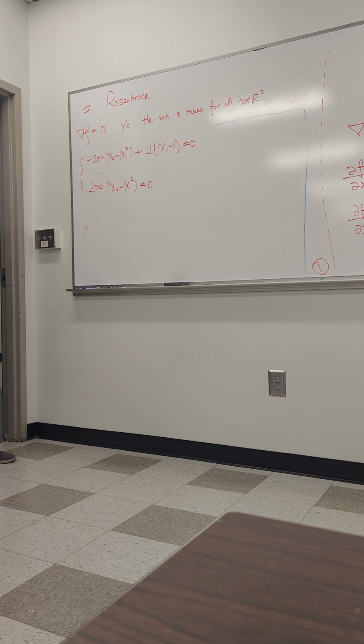If we're looking at this problem and f is twice differentiable, then the first order necessary condition for f's local minimizer is that this has to be exactly 0.